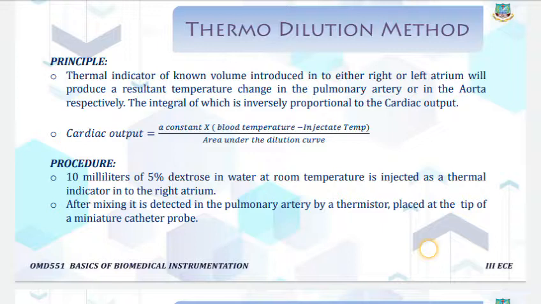After mixing, it is detected in the pulmonary artery by a thermometer placed at the tip of a miniature catheter probe.